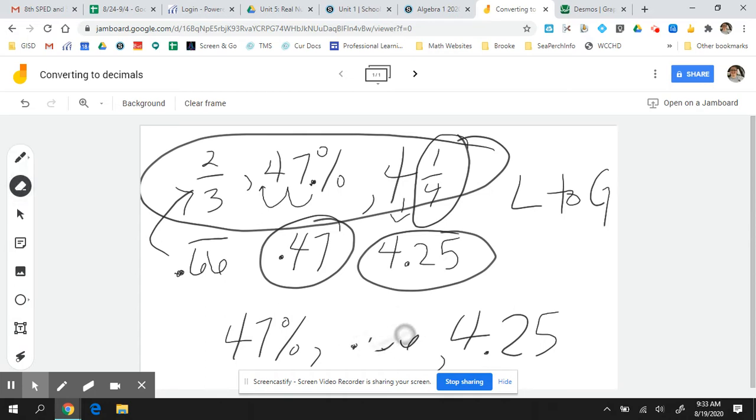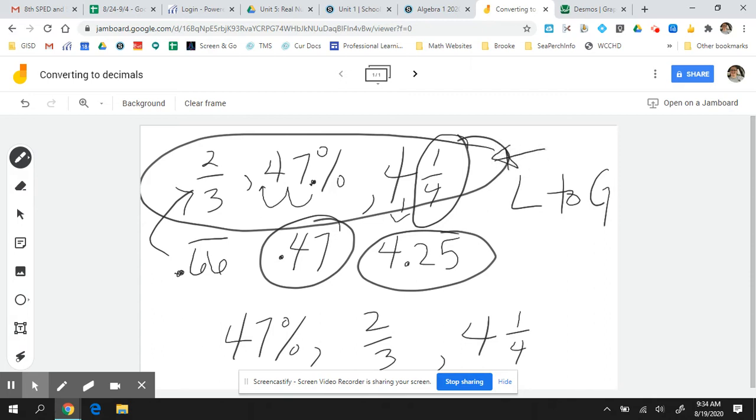The 0.6666 that we changed, we need to make sure we list as 2/3. And the last one, 4.25, we would list as its original 4 and 1/4. The reason is if you get a multiple choice, a lot of the time it will revert back to this original form. So that's an option.